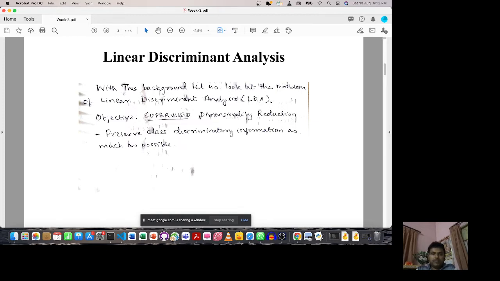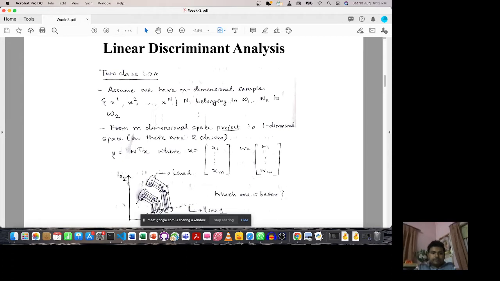Now what do I mean by that? First I'll talk about two class LDA only, because that will bring out all the nuances of LDA. Let us assume that we have m dimensional samples, so x1, x2 up to xn are all vectors of a certain dimension.